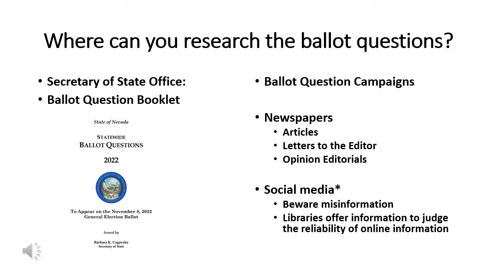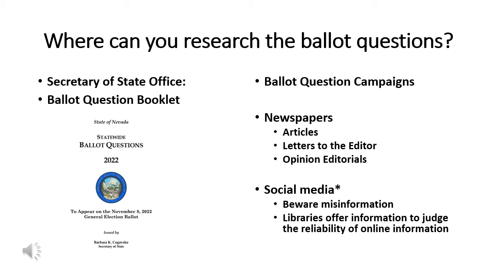And then you'll probably be able to go on social media. But as we know now, and that's why the asterisk is there, beware of misinformation. Libraries offer information to judge the reliability of online information. So if you go to the College of Southern Nevada's library website, you'll be able to see a guide for little tips and tricks for how to determine whether the information you're seeing on a website is reliable.